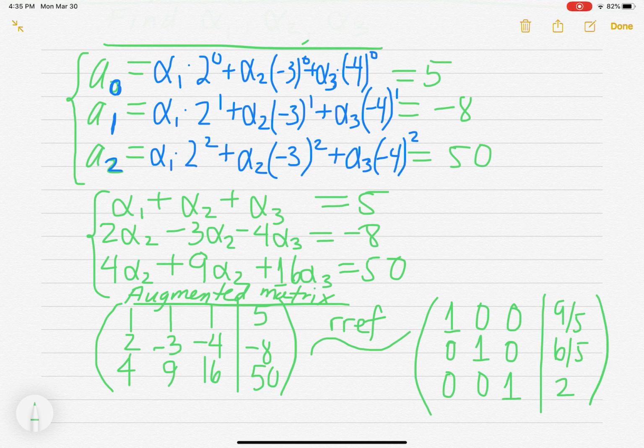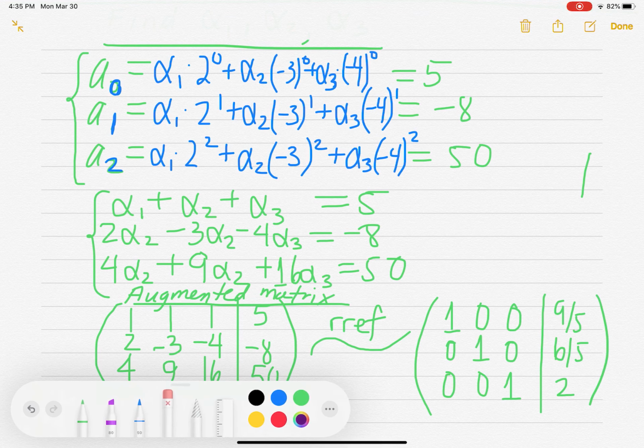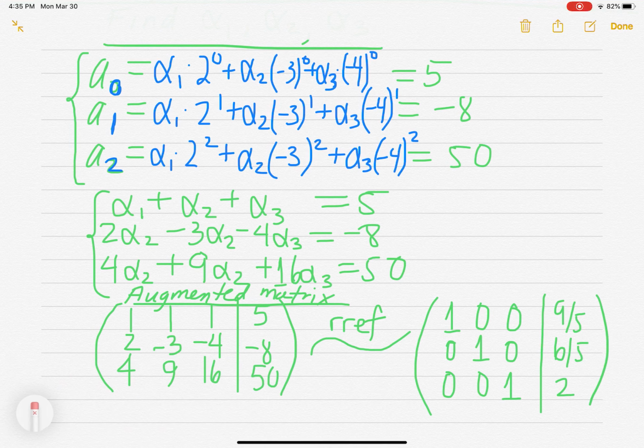And those are my coefficients, my alpha 1, alpha 2, alpha 3 respectively. So I'll plug those back into the form. Alpha 1 is going to be 9/5. Alpha 2 is going to be 6/5. Alpha 3 is going to be 2.